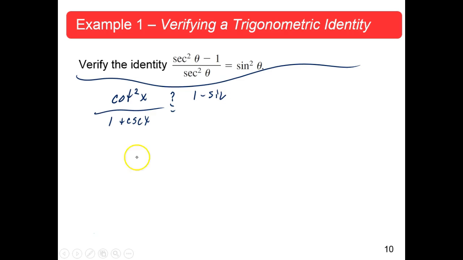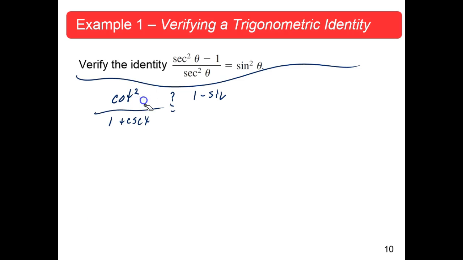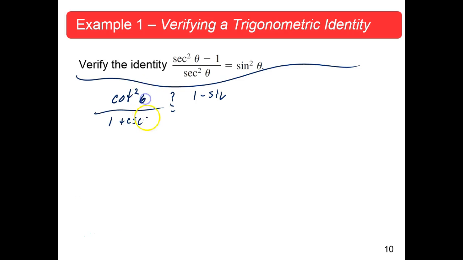Oh, I'm sorry, these aren't x's, these are thetas. It doesn't really matter what you call the thing, but since the book called them thetas, I'll call them thetas. Let's see, 1 minus sine theta over sine theta. Okay.